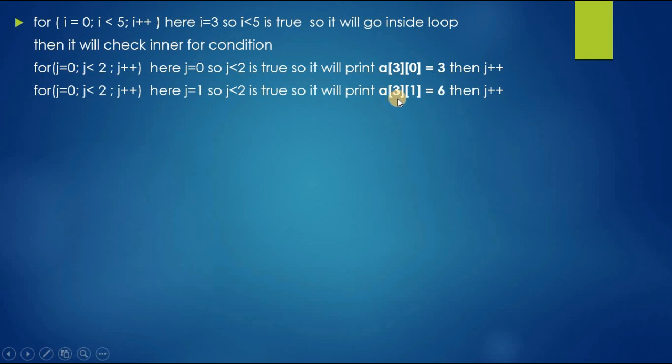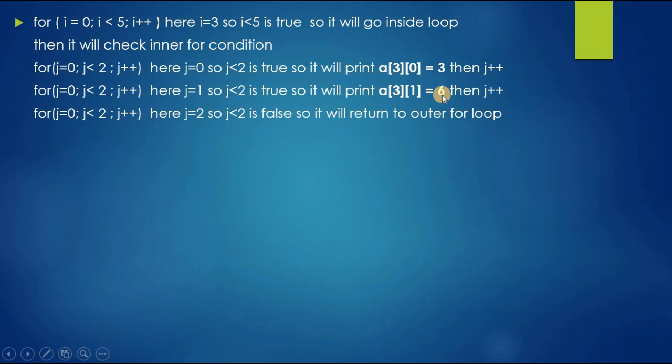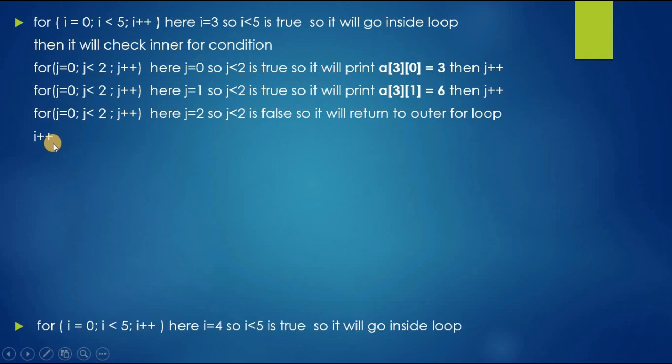Now we got a[i][j] with the i position as 3 and the jth position as 1, meaning at the third row and first column we got the value 6, then j will be incremented. Now our condition fails, so it will come to the outer loop and i will be incremented.